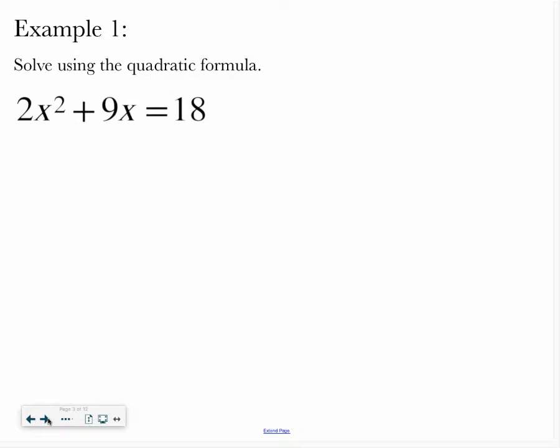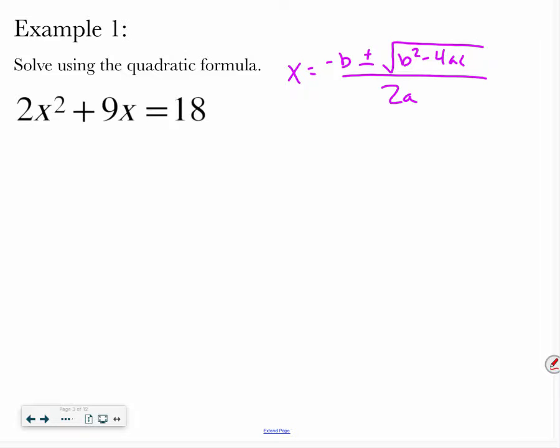And let's start by using the quadratic formula to solve this equation. So as we said, x equals negative b plus or minus the square root of b squared minus 4ac all over 2a. So all we have to do is take our information from the equation and plug it in. Before we can use it though, we always need our equations to be written in standard form.